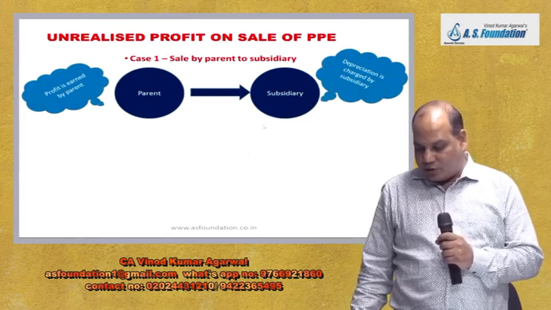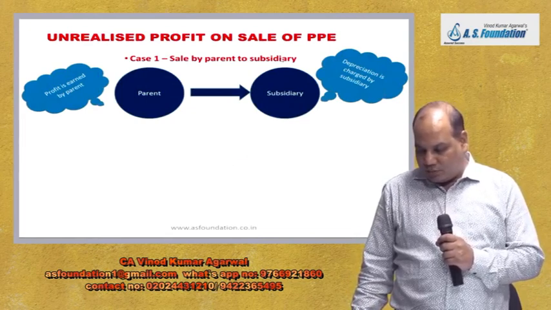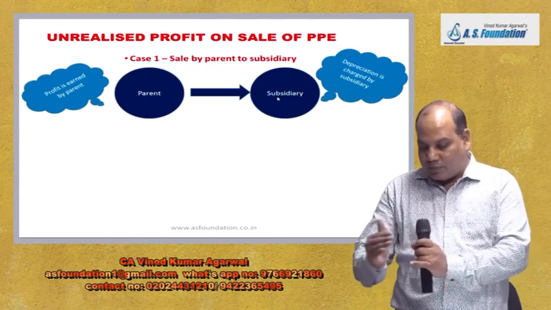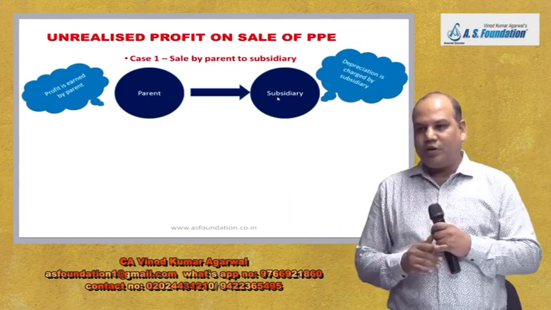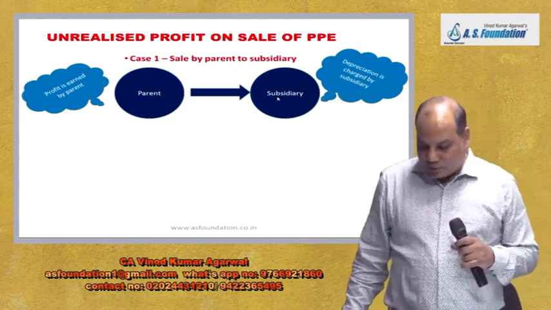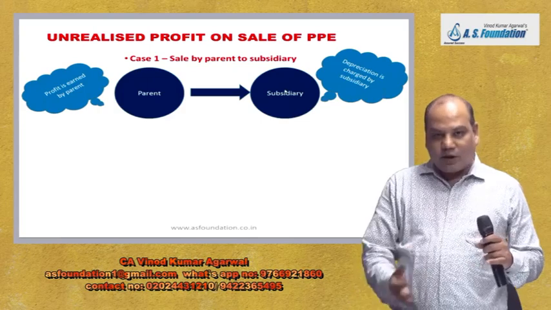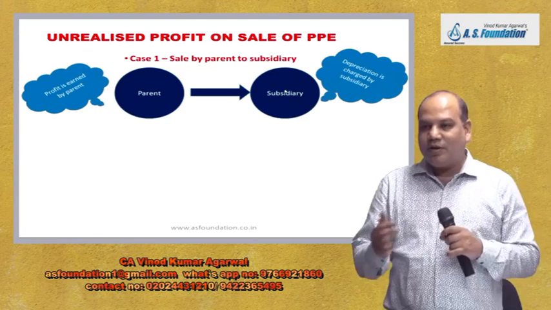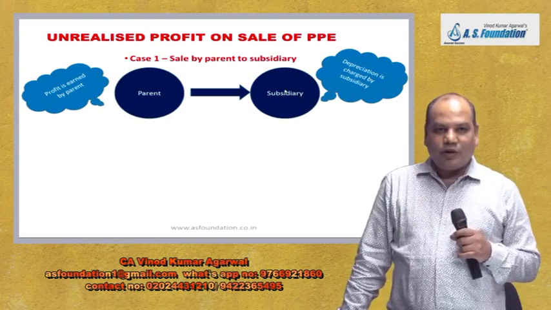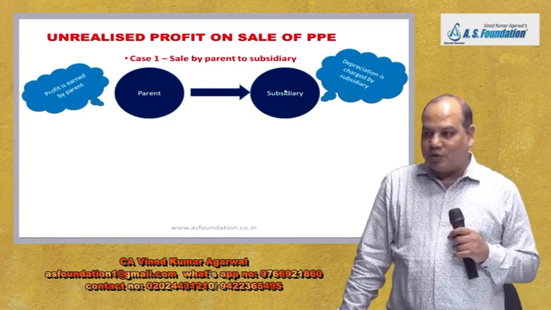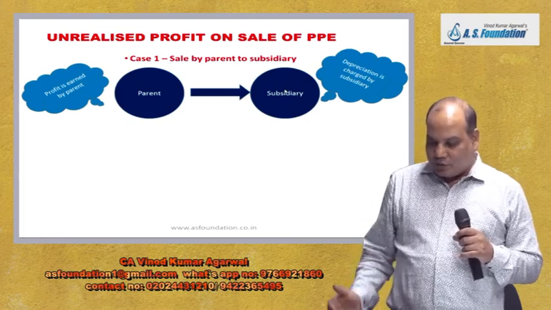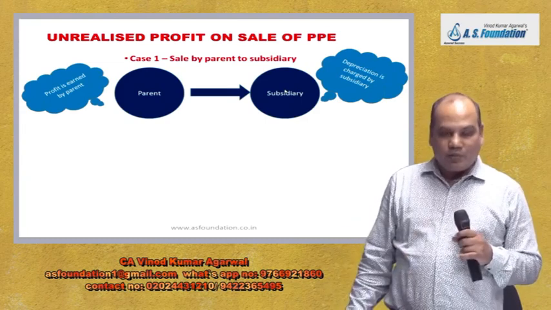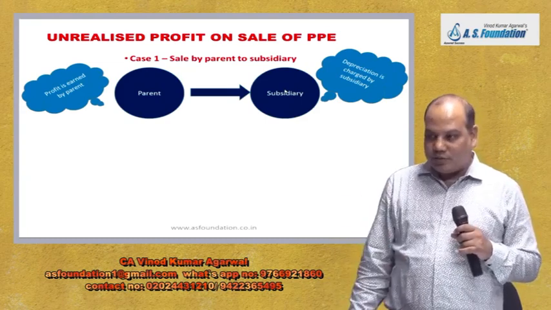Parent company sells PPE to subsidiary. It is similar to parent company selling inventory to subsidiary. But there is a small problem here. When the subsidiary buys the PPE, it provides depreciation, whereas in case of inventory, this depreciation issue was not there, right? So that time we can just identify how much is the unrealized profit and give the treatment. Now here I have to give two treatments.